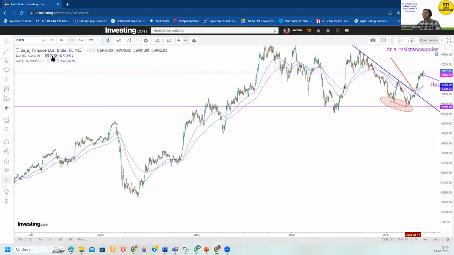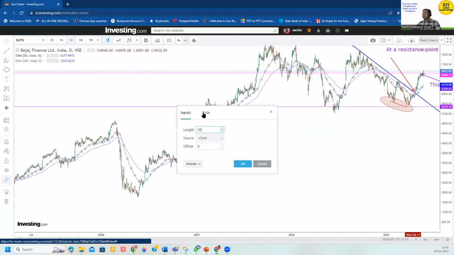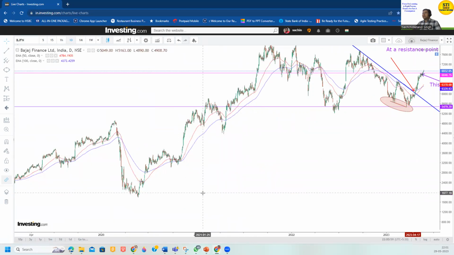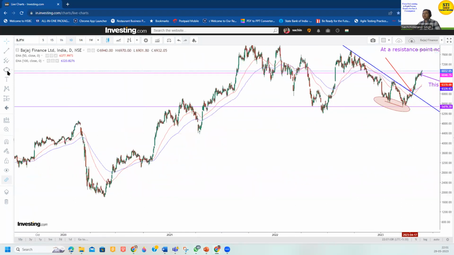In this example, I'll change the color so that it will be clear: the 50 is red and the 100 is purple. You can see here, this is the place where the 50 EMA is crossing over the 100 EMA, that is a positive crossover happening.